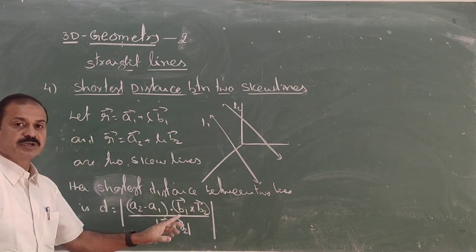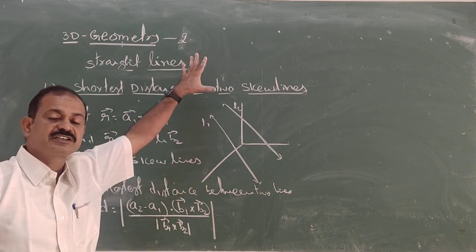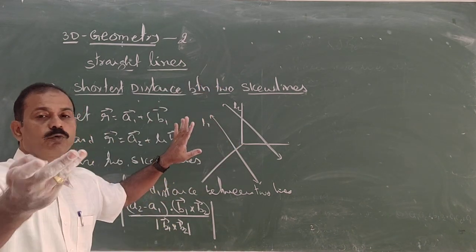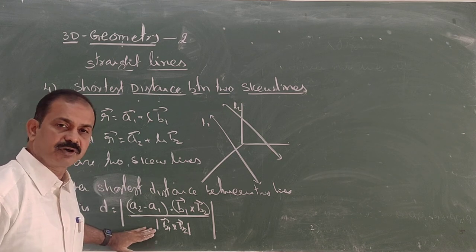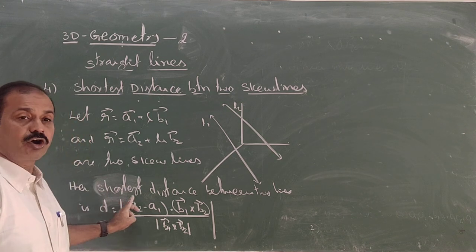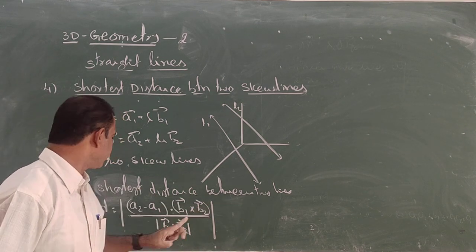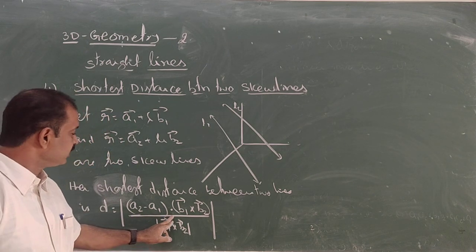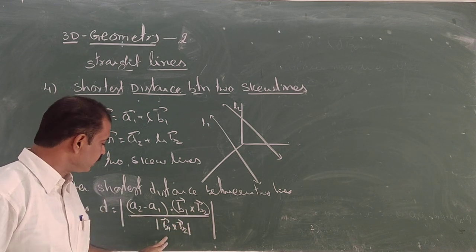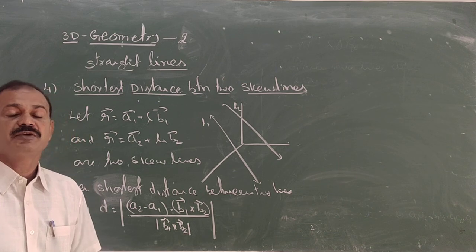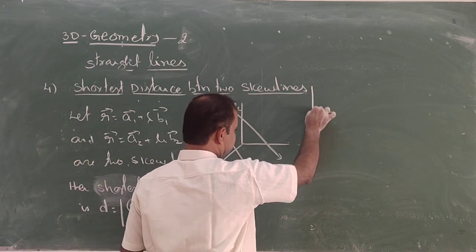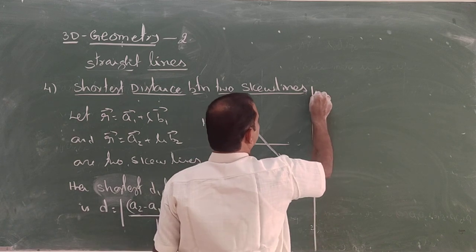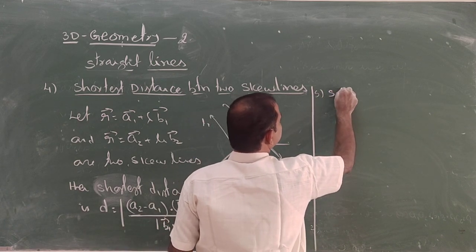I am not deriving the formula because it takes a lot of time, and we don't want the derivation of this formula. Directly you can take down the formula, that's all. So the shortest distance between two skew lines is (a2 minus a1) dot (b1 cross b2) by magnitude of b1 cross b2.